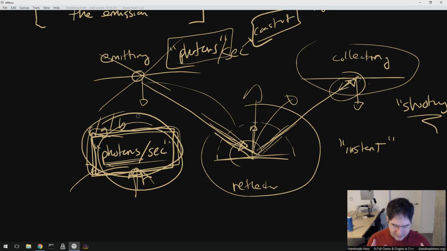So rather than thinking about the system as an array of values where we put some quantity in one place and let it flow to another and go out of there, almost like water, and I think this is good, I like where this is going, I don't like that as much as thinking about it in terms of photons per second. So the emitters are basically a separate array saying, here's where light is always coming from.